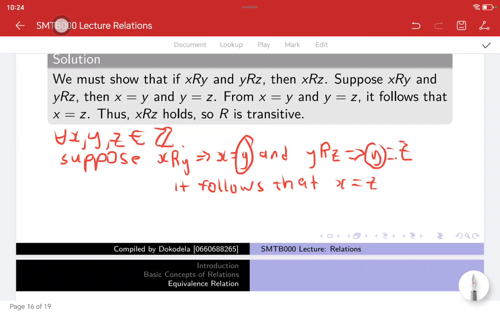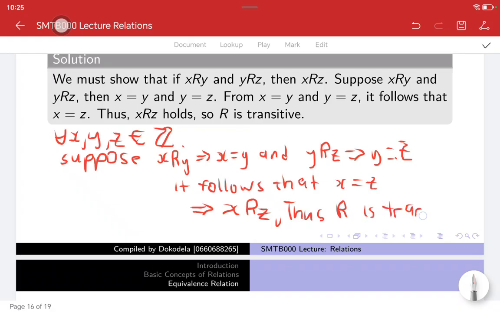You see right now, which implies that X is related to Z. We agree there right now. Thus, R is transitive.